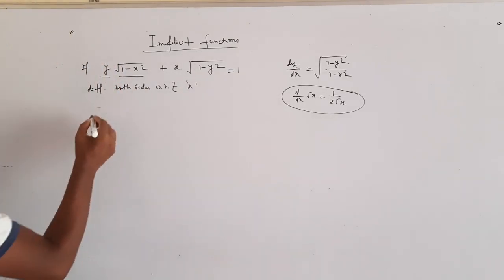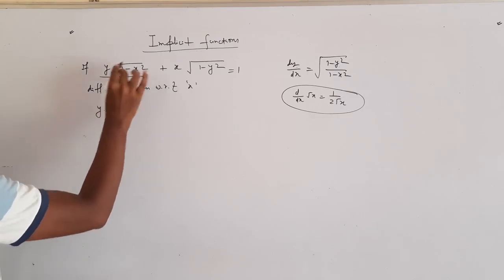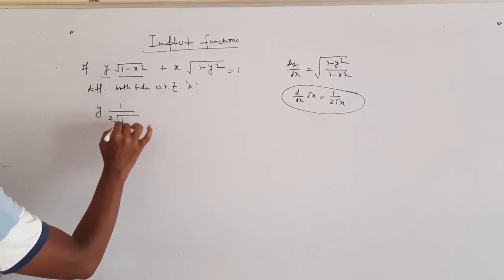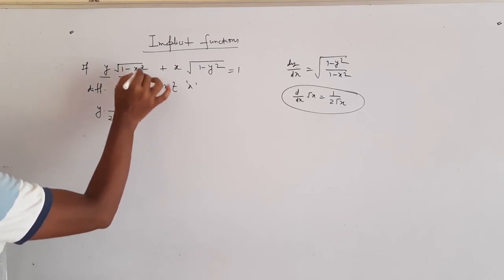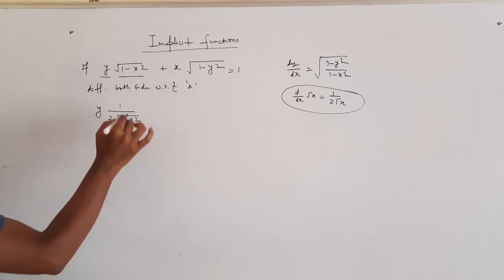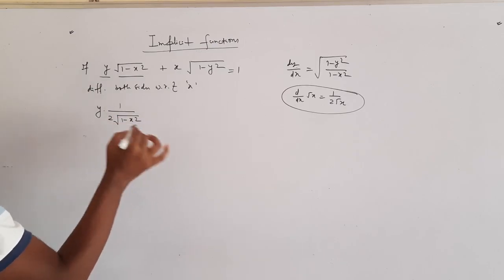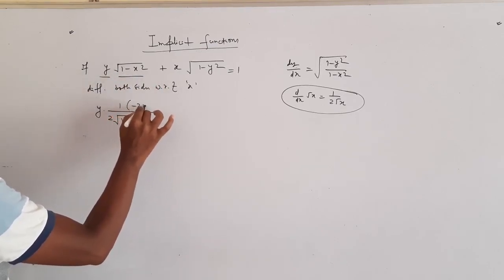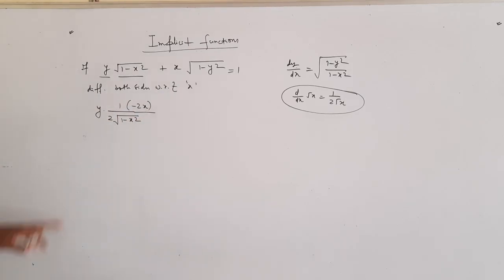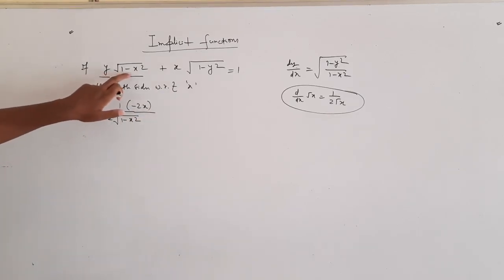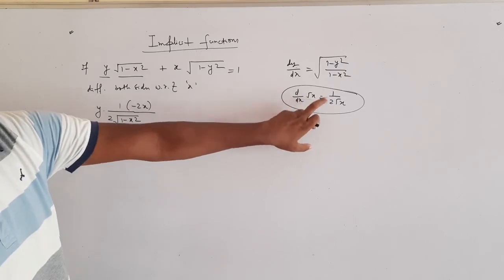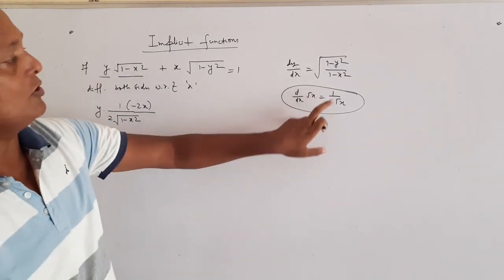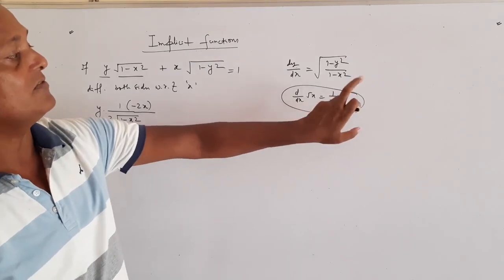So now here I go, so I write y unchanged, differentiation of this 1 upon 2 under root 1 minus x square into differentiation of what is in between the root, that is 1 minus x square, so that is 0 and then it is minus 2x. Done. Differentiation of root something is 1 upon 2 root something into differentiation of that something.